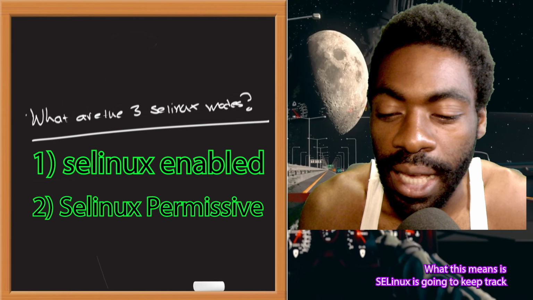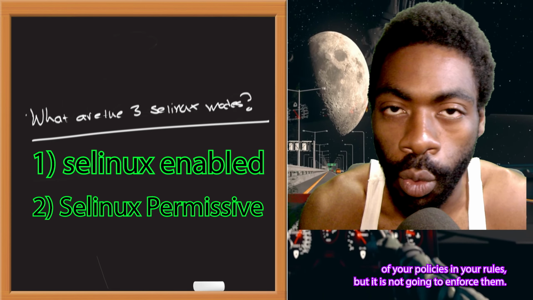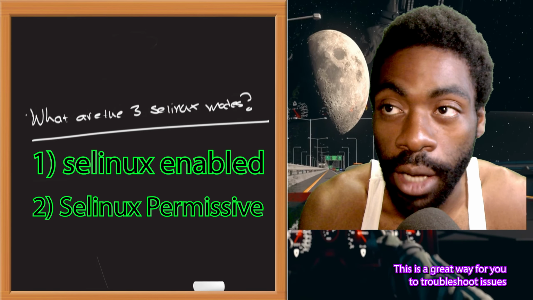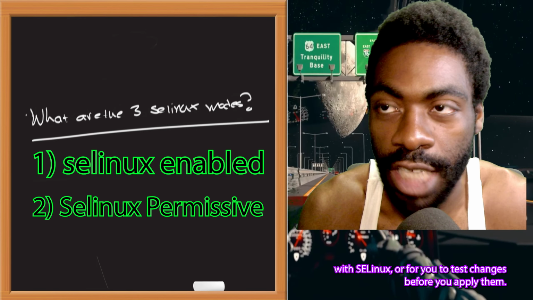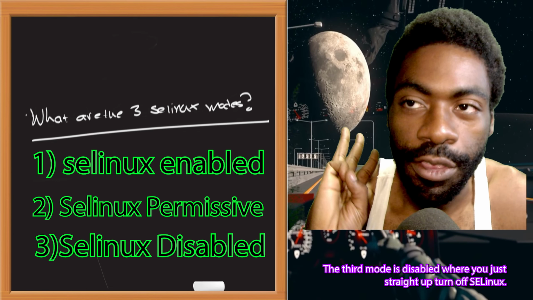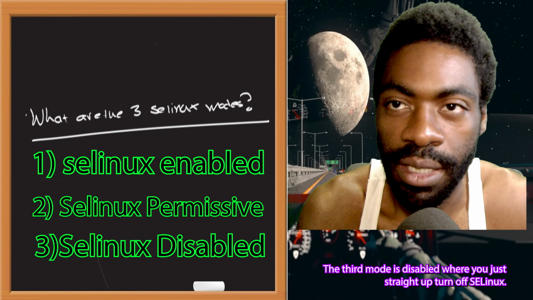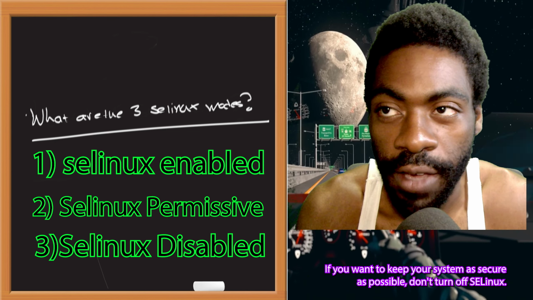What this means is SE Linux is going to keep track of your policies and your rules, but it is not going to enforce them. This is a great way for you to troubleshoot issues with SE Linux or for you to test changes before you apply them. The third mode is disabled, where you just straight up turn off SE Linux. If you want to keep your system as secure as possible, don't turn off SE Linux.